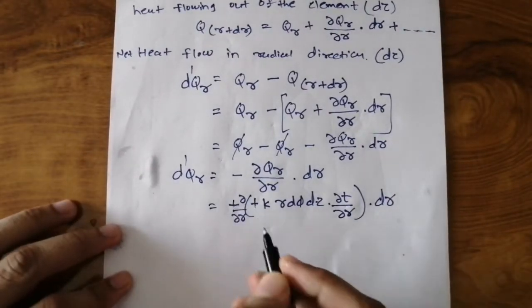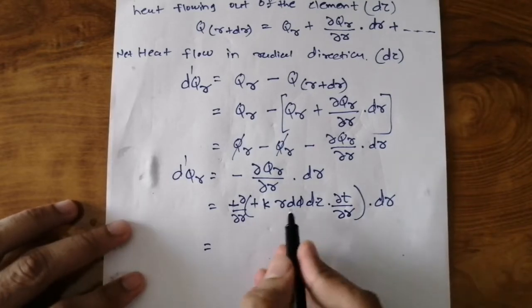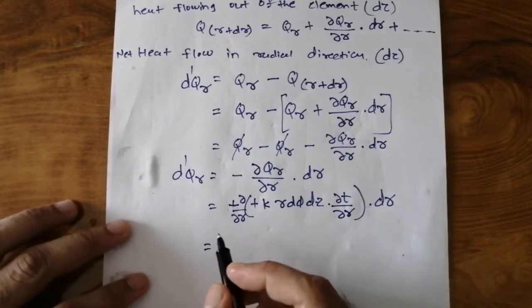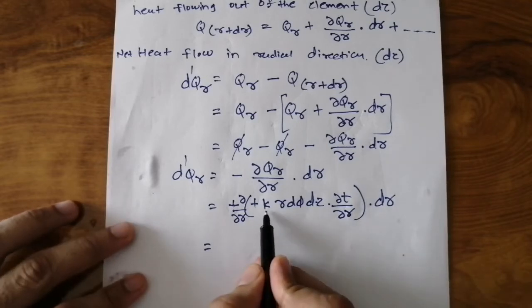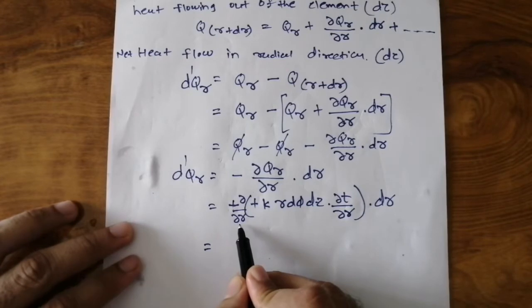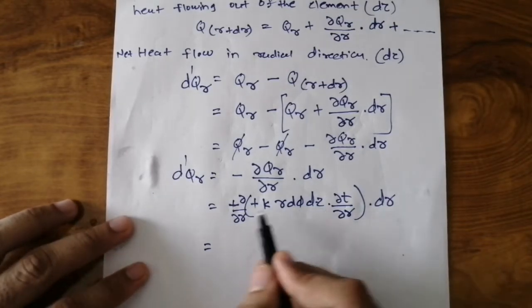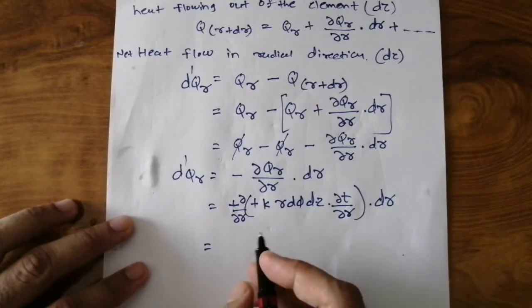Now that minus will become plus. We take the constant terms outside: k is a constant term, r is not a constant term because we differentiate with respect to r, and d phi and dz are constant terms. So we take them outside the bracket.